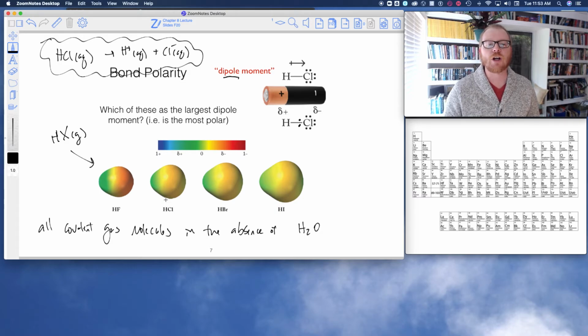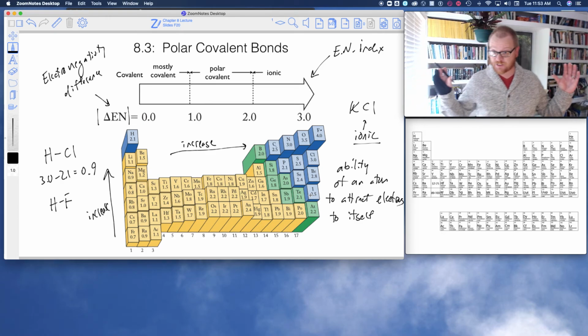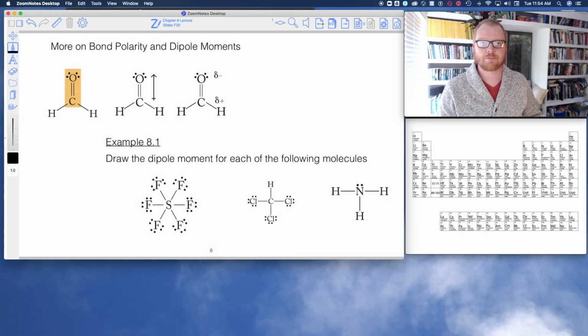We should also recognize that this is the most polar, so it has the largest dipole moment. That's saying the same thing. The most polar has the largest dipole moment. That's true because, once again, fluorine is the most electronegative element. So when you compare HF to HCl to HBr to HI, HF definitely has the largest electronegativity difference. So that's going to mean it is the most polar.